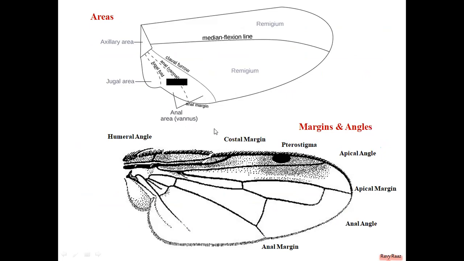The part which is attached to the thoracic region is called humeral angle, and the last apical region of the insect wing is called apical angle. The portion attached to the abdominal region, the anal portion, is known as anal margin, and here is an anal angle and apical margin.